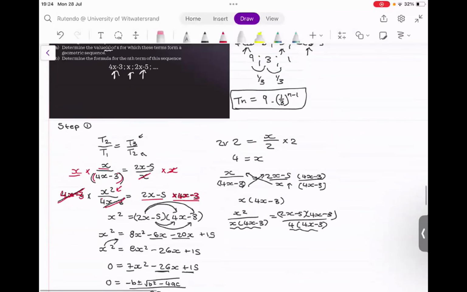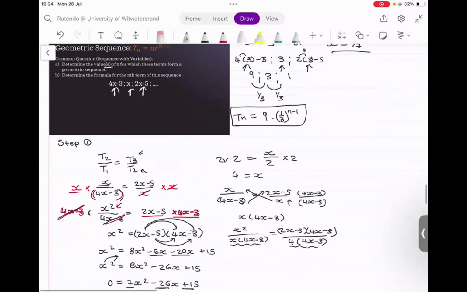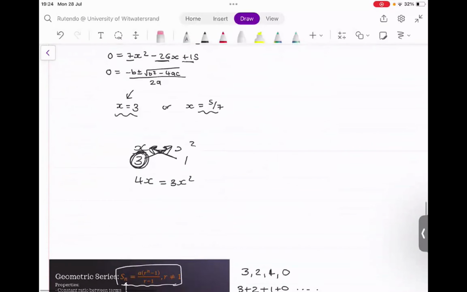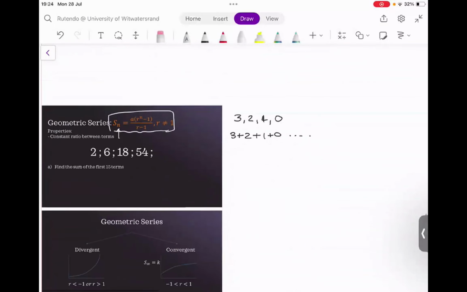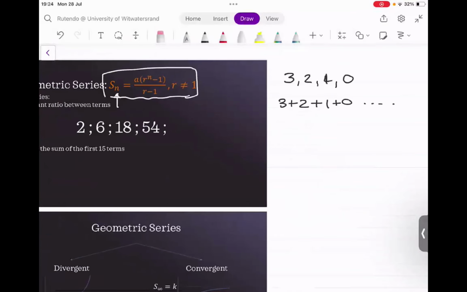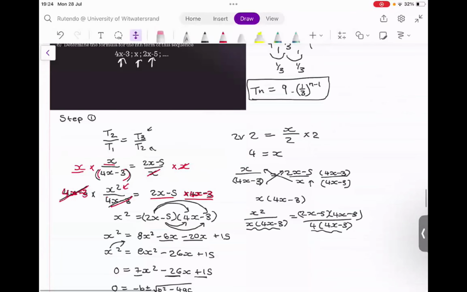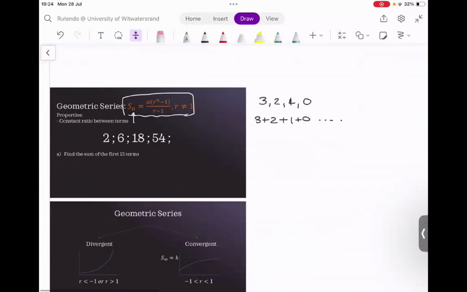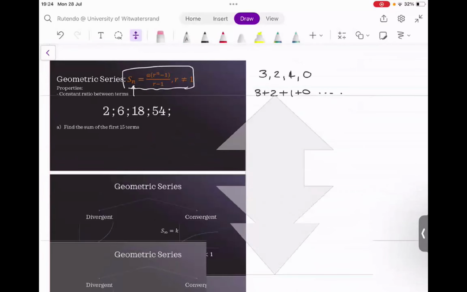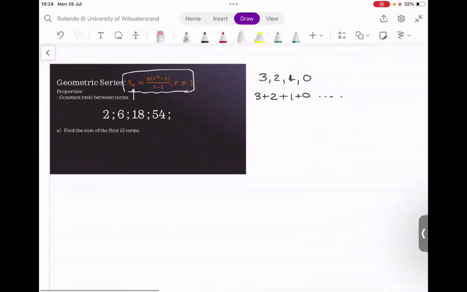Okay, we'll have a chance to practice something similar to this again in a past paper question. Here again, you're just given your formula.